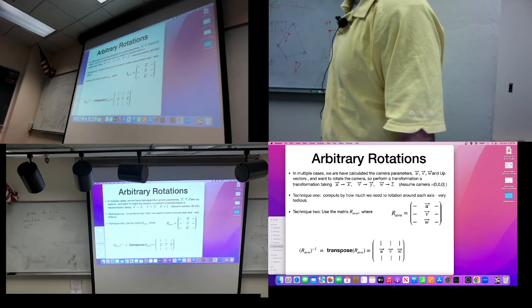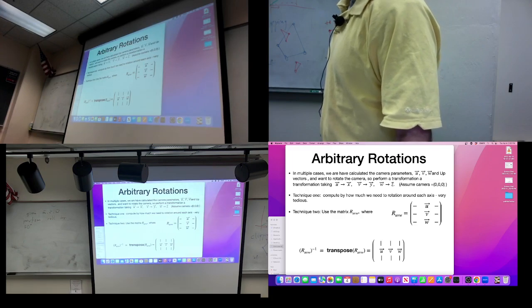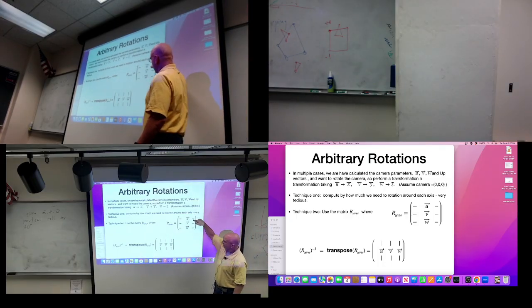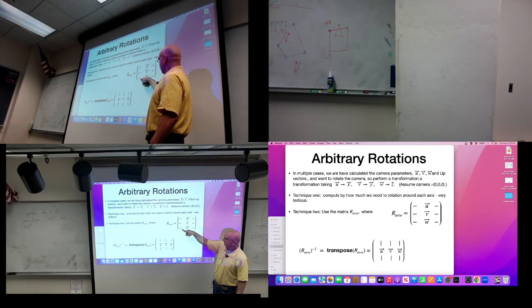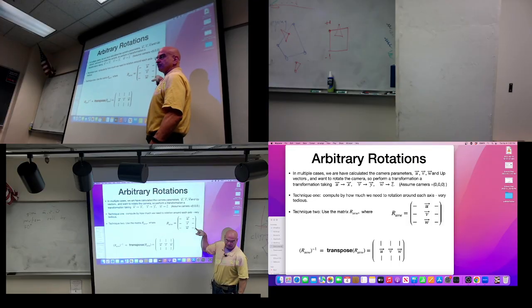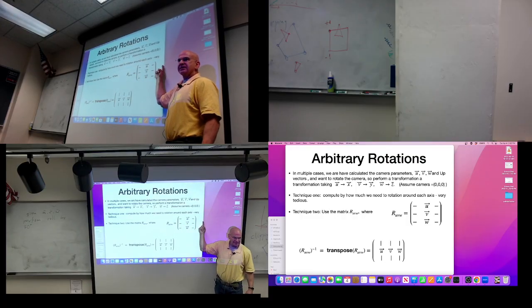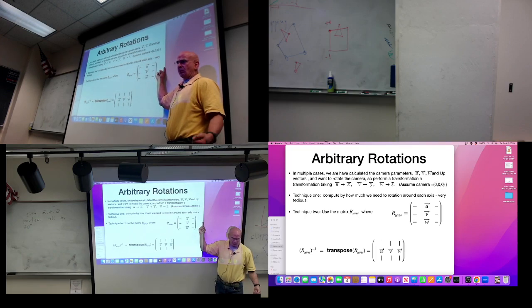So what should I do instead? I'll write a matrix that consists of U as a row, V as a row, W as a row. That's all you need. What is the impact of this matrix? Where does this matrix take the vector U? If I multiply this matrix by U, I get 1, 0, 0.